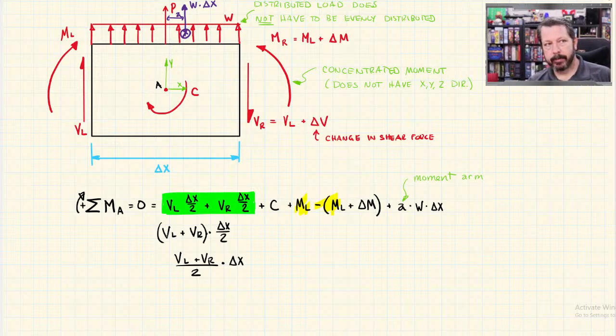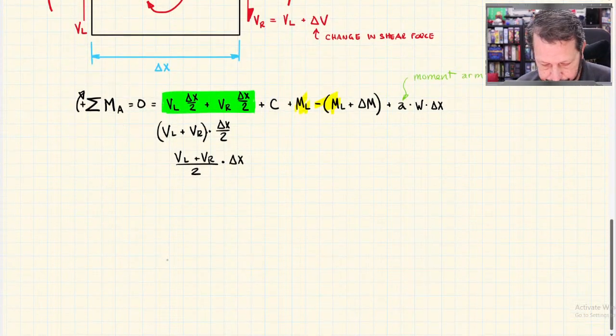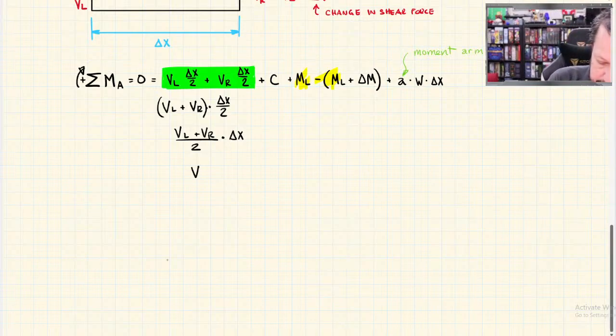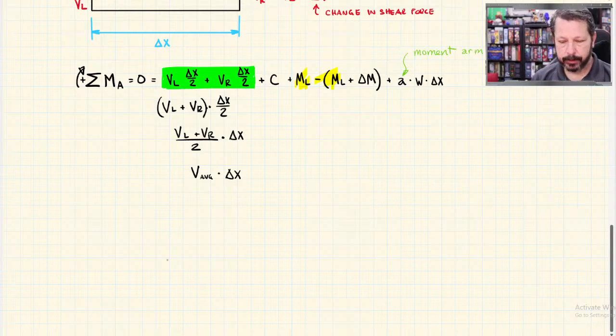Whenever I have one number and I add it to another number and I divide by 2, all I've done is I've averaged the numbers. So I'm just going to say that that's V, technically it's V average, but I'll just say V times delta x. Okay, that's what I'm going to do for that.